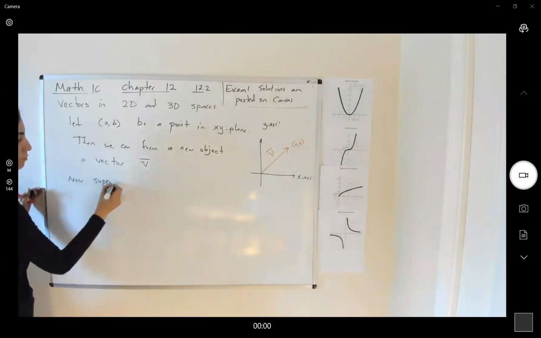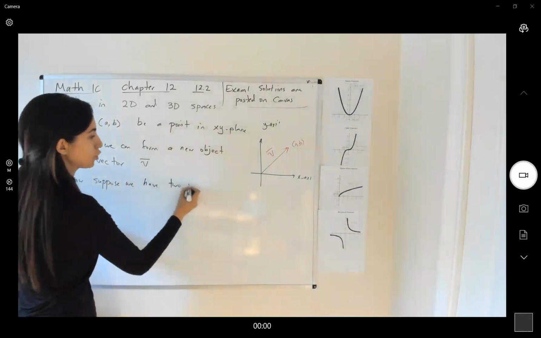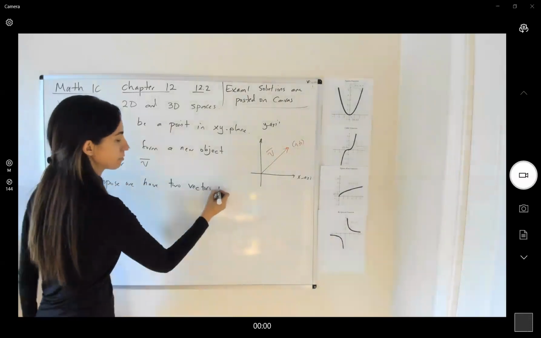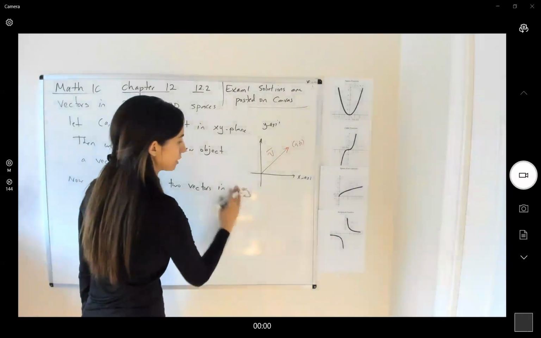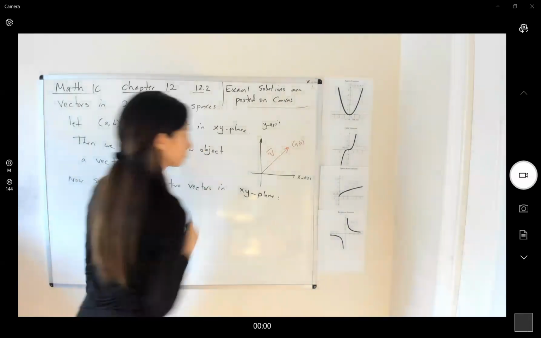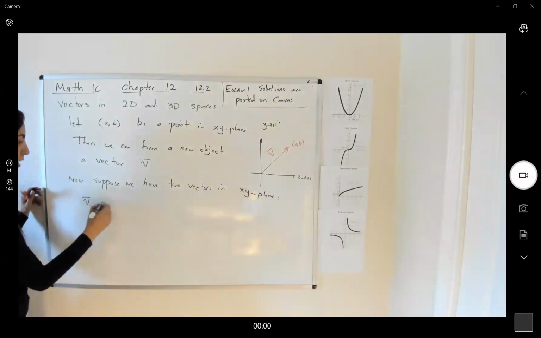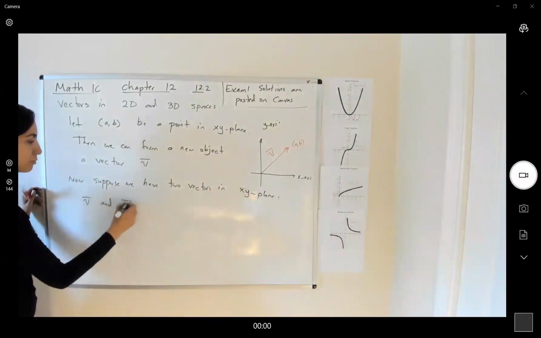Now, suppose we have two vectors in the xy plane. Suppose your first vector is v and the second vector is u.